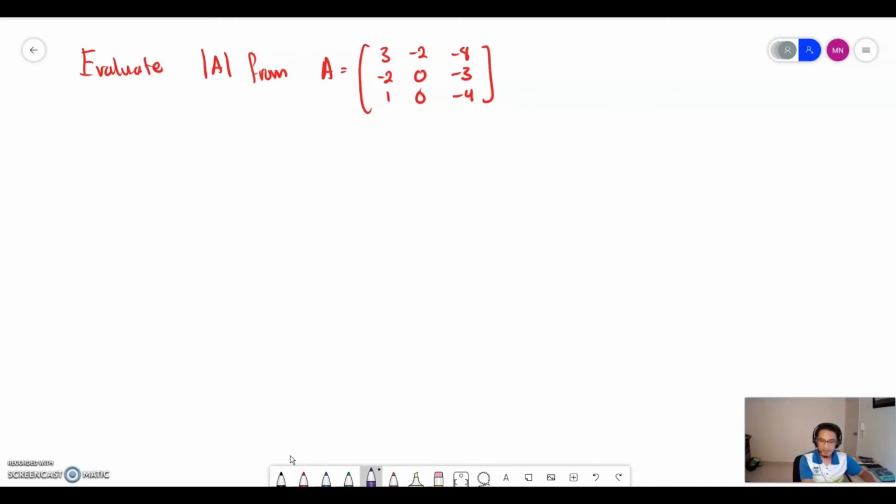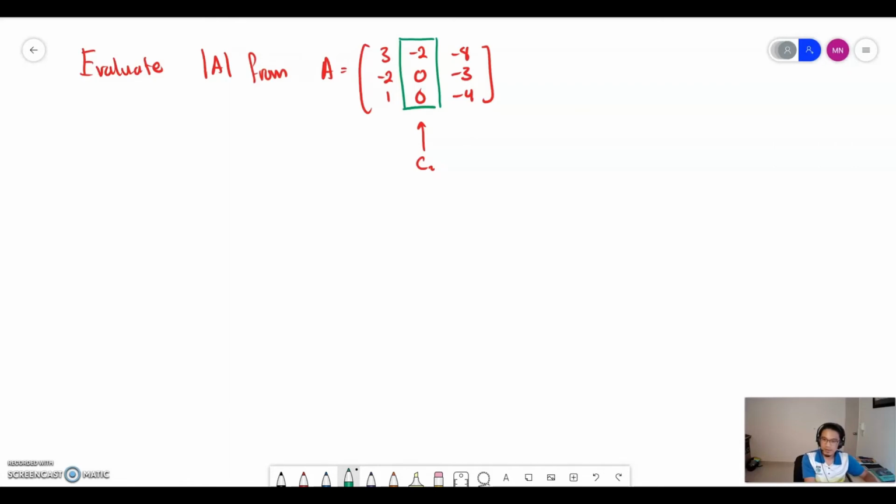In this example, I would like to choose the second column, because this column has many zeros compared to the other rows and columns. Why do I want to choose this? Because the zeros will make the calculation simpler and easier.